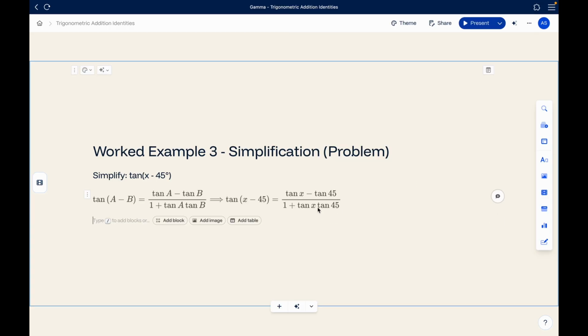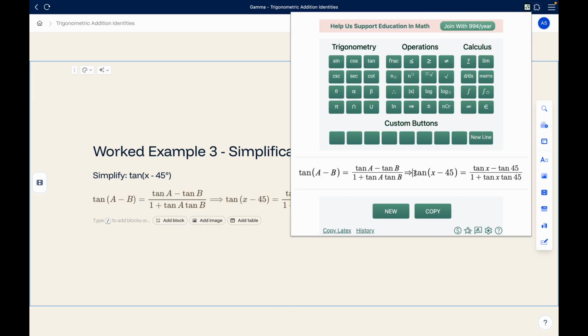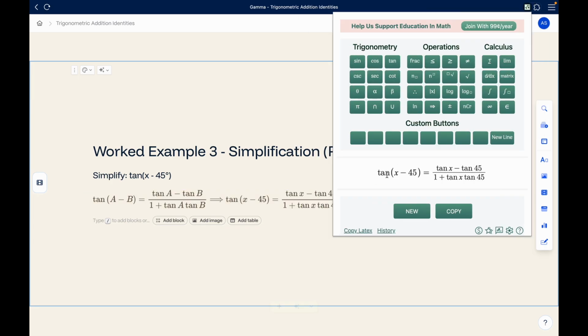Right before we simplify, let's copy this down just so we have a reference point. And now we can substitute all our known values. So tangent of x minus 45 is equal to tangent of x minus tangent of 45, which is 1, then divided by 1 plus tan x times tangent of 45, which is 1.